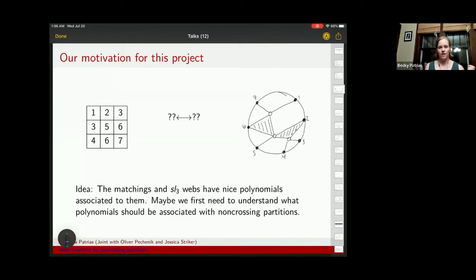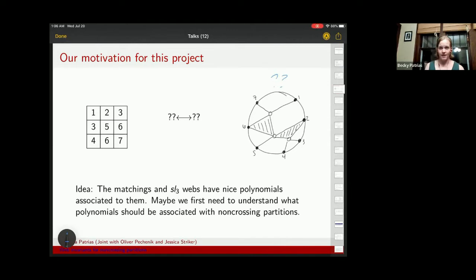And that's not true in our increasing tableau story. So maybe what we need to do is find some polynomials associated to those non-crossing partitions, fill in that part of the story with the 2-row increasing tableaux, and maybe that will give us enough information to guess what this object is supposed to be on the right-hand side.